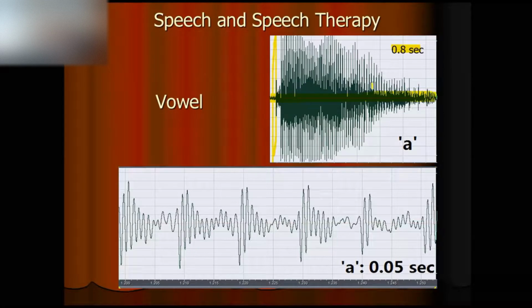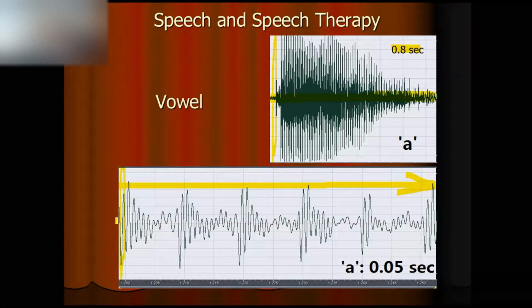Why do we say the vowel is periodic over time? To understand that, we can zoom in. This is the time axis, and the y-axis is vibration.